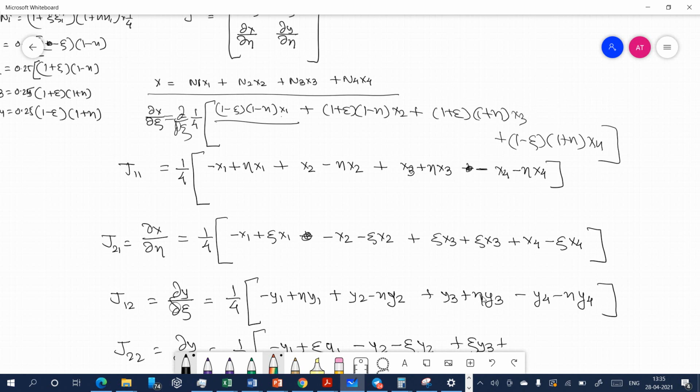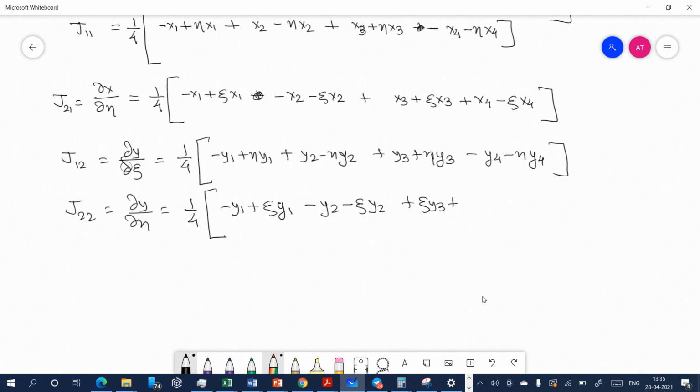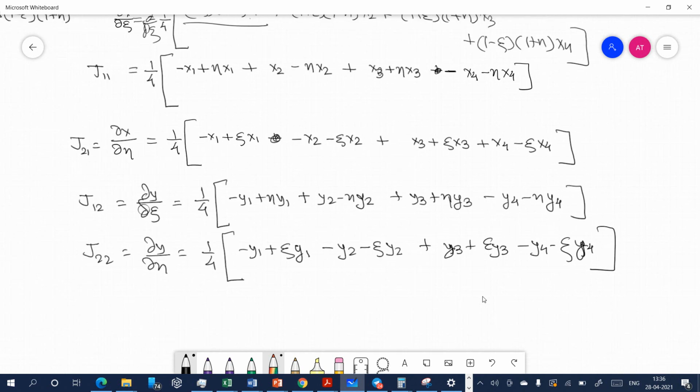So this was del x by del eta, and for x3, so eta with respect to eta, so we will have only x3 here, not this one, x3 plus zeta x3. Okay, so here we will have y3 plus zeta y3 minus y4 minus zeta y4. So now we have all the components of the Jacobian matrix.